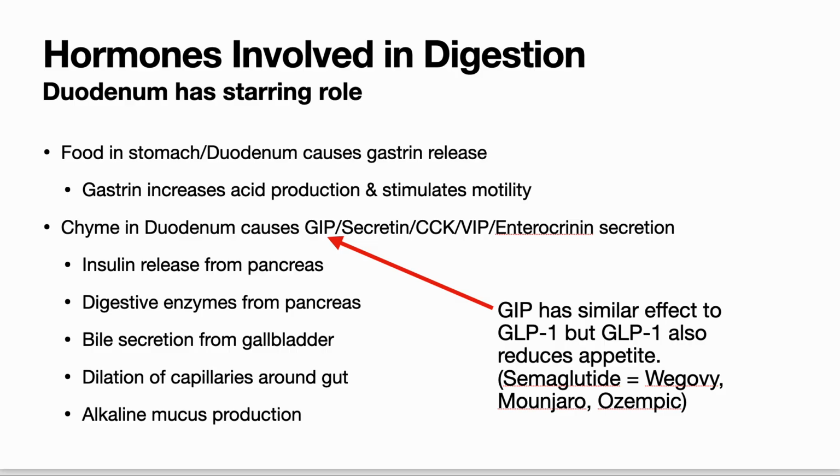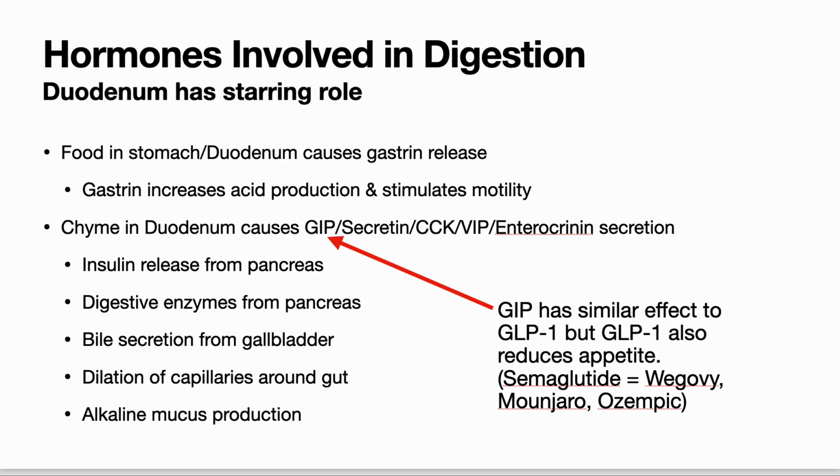Now, the effects of those are that GIP is going to result in insulin being released from the pancreas to help us grab sugar. We are going to have digestive enzymes released from the pancreas. We're going to have bile secreted from the gallbladder. CCK is going to play a role in relaxing the sphincter that allows bile to flow into the duodenum.